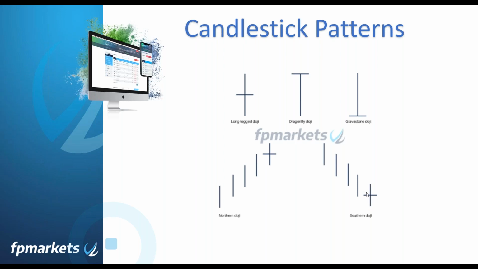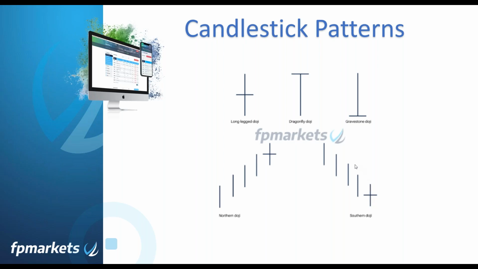But analysts rarely use this term. I just want you to be aware that textbook style would label these as southern Doji and northern Doji. As you can see with the traditional Doji candlestick formation, the lower and upper shadows are relatively equal in size, and the real body of the candle is almost non-existent.